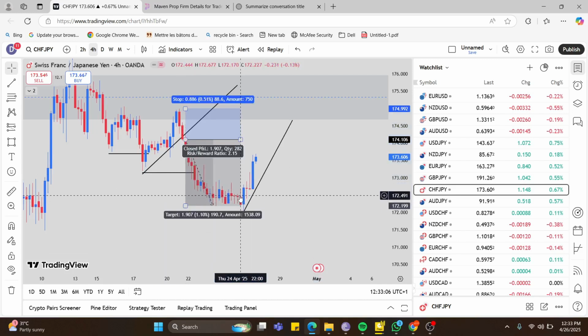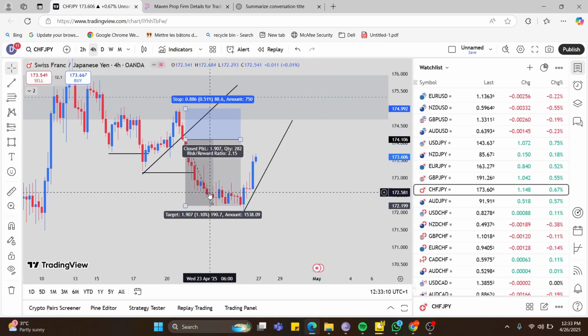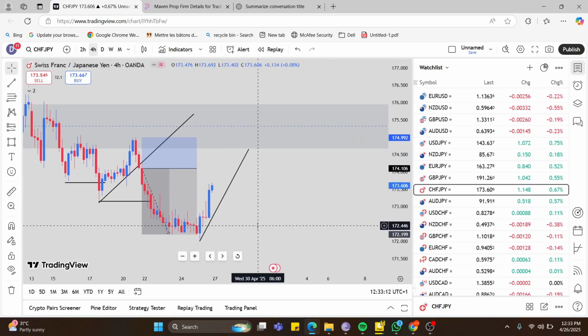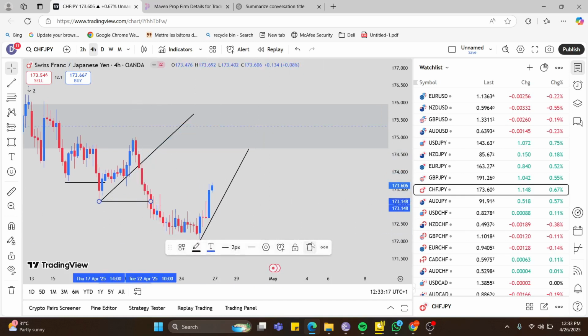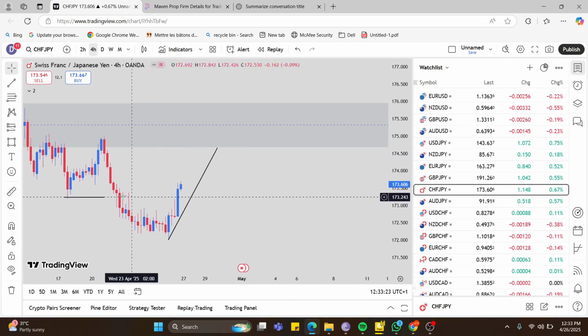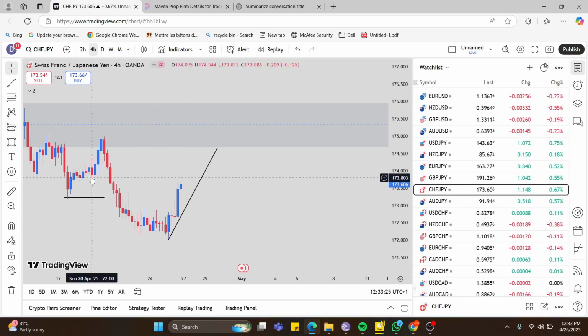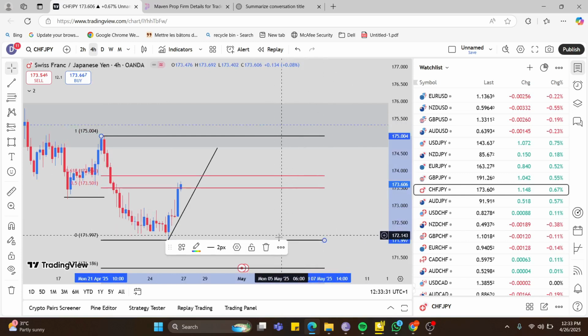If I would have put my entries here, 140 something pips, which means I'm targeting these lows down here, I would have been in a bad position. Whereas if I would have gone from here, taking my 1:2 and chilled, clean 1:2, bro. That is essentially it.